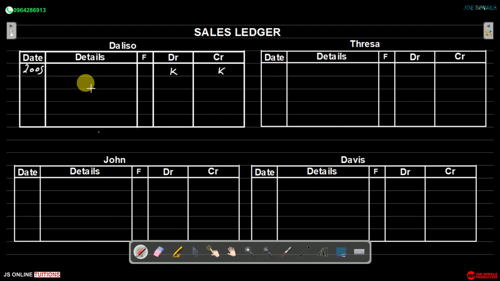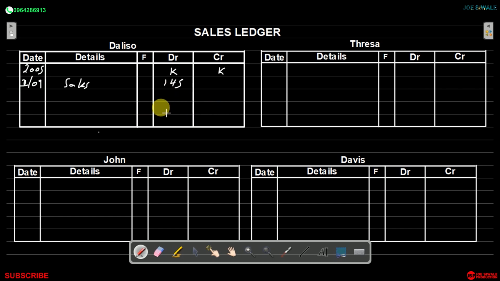So we're going to say the date there is 1st of September. Then we'll say sales, in the account of Daliso we're going to debit it with 145. And this is the only transaction which occurred. That means that we can balance up this account, and to balance up this account, we know that we're going to find our total.